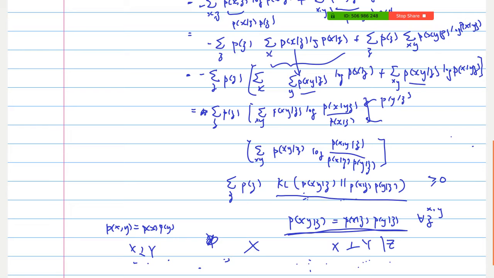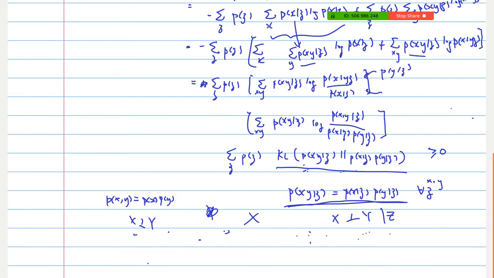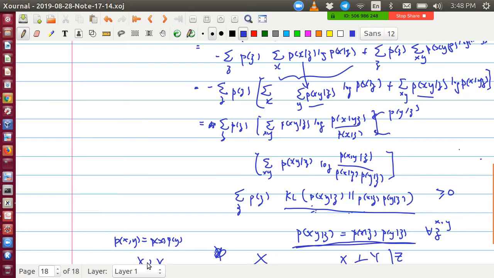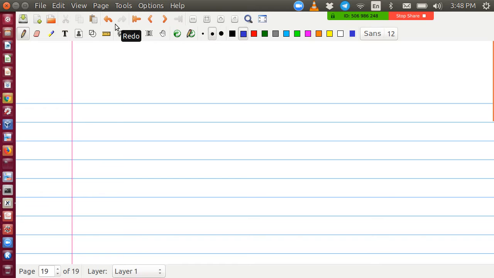But if x and y are independent, does that mean x and y are independent given z? No, no, no. This is not. Actually, I guess we mentioned one of these examples at the beginning. If x and y are independent, that doesn't mean that x and y will be conditionally independent given z.